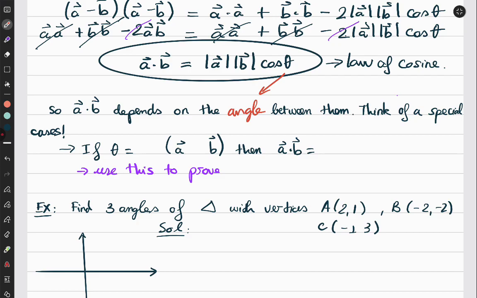Now I want you to think of a special case. Two vectors form an angle. What is something special that can happen between two vectors?